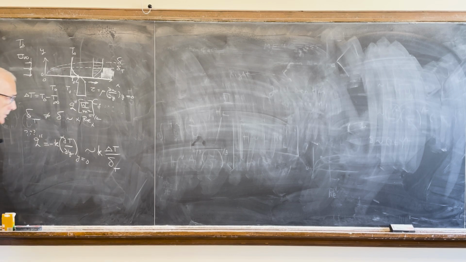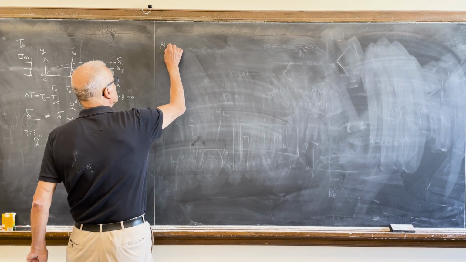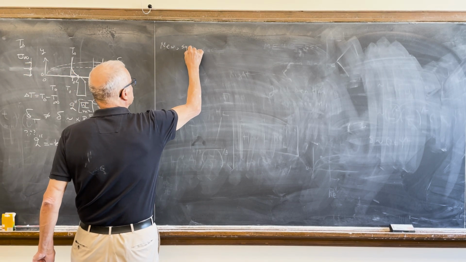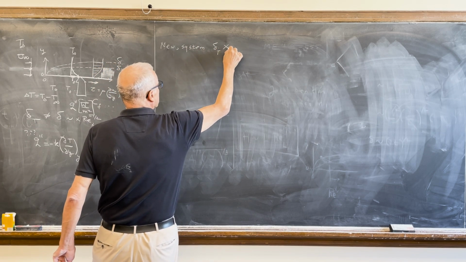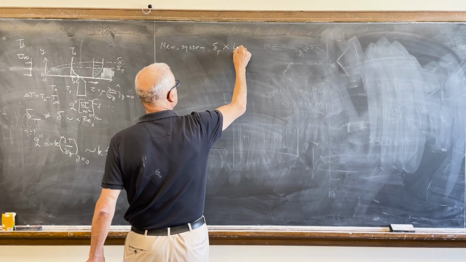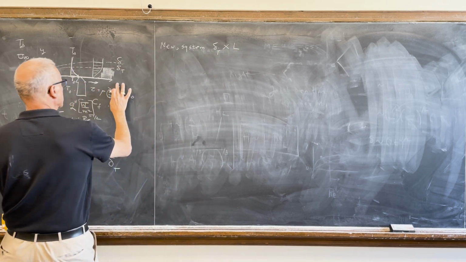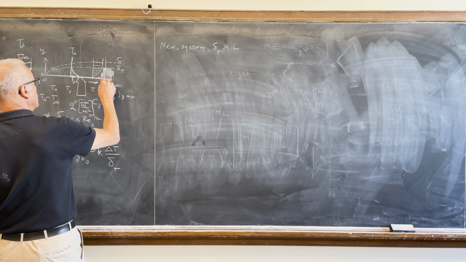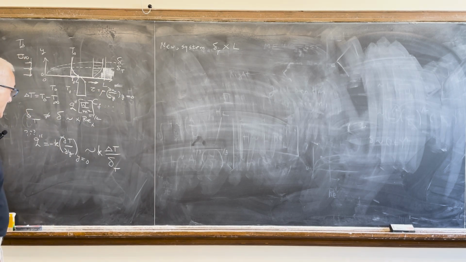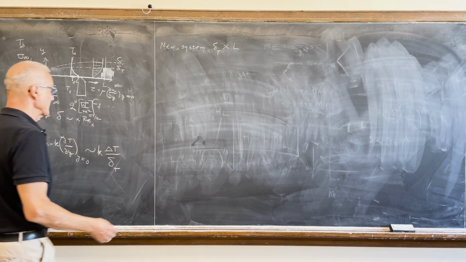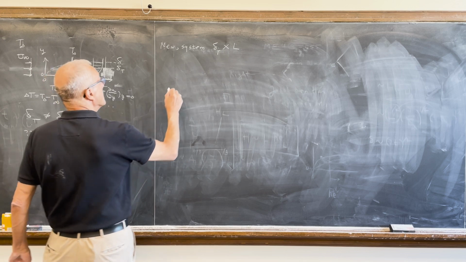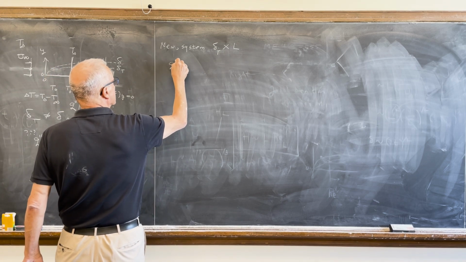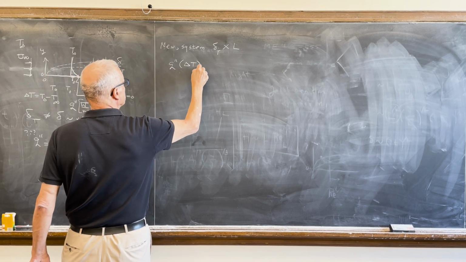So, Nu is the unknown, the system is delta sub T times L, or I wrote x here, but let's talk about L. And Nu is the relationship between the heat flux and temperature difference.